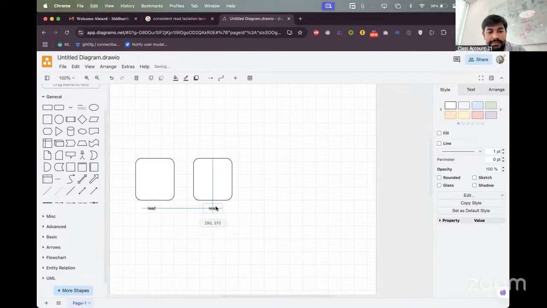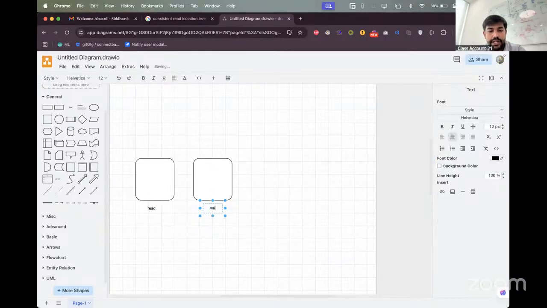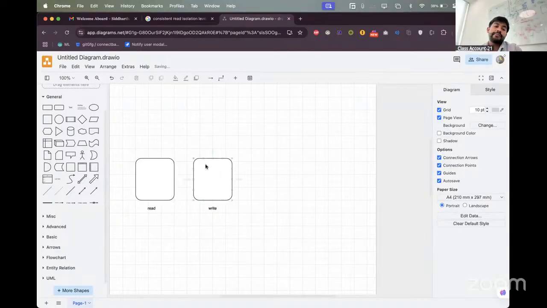And here at this point, we have something known as write. So all the writes to the application would come to this database and all the reads would come to this database. So if you observe, we have distributed the load. Earlier, whatever was our capacity, we are now able to do 2x of that.